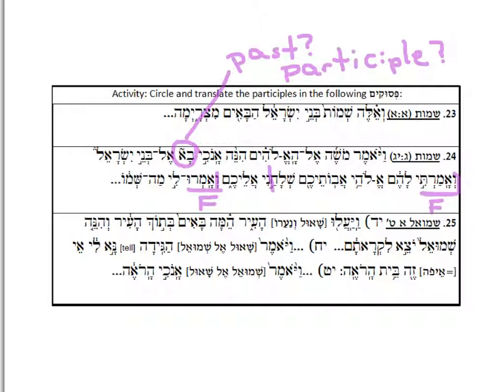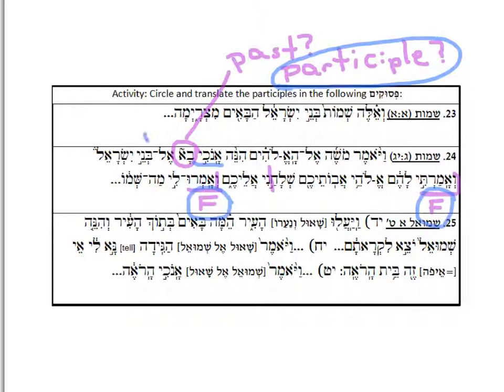So when I have Anochi Ba, I have a very powerful clue in determining if this is going to be past tense or participle. Had it been past tense, it would have been Anochi Ba Ti, right? Anochi Ba is the participle form. Anochi Ba could be either present or future tense, but when I look at the rest of the pasuk, I see that the rest of the pasuk is written in future tense.